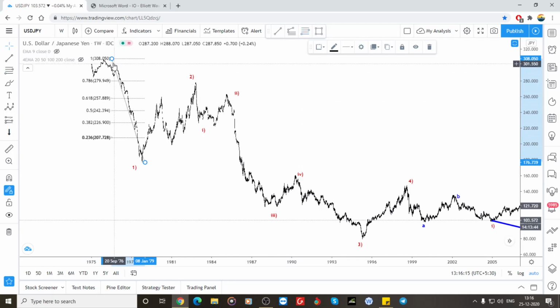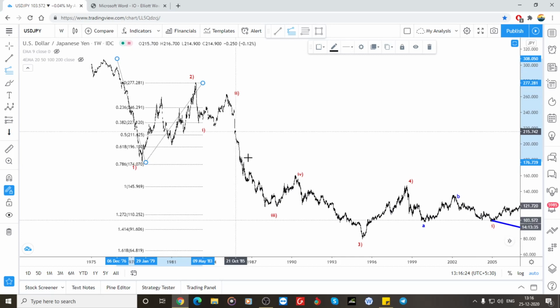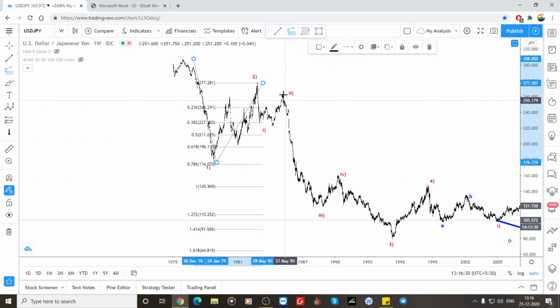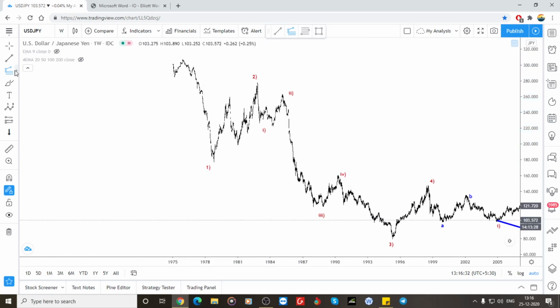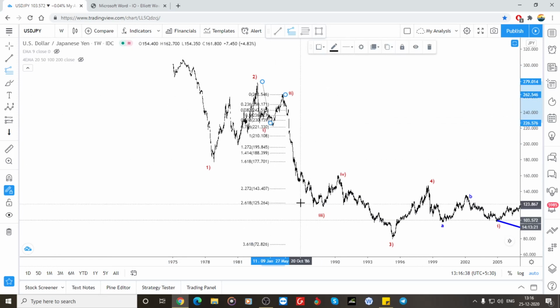And if you apply the extension wave, it is nearing that 1618, right? And here also wave 1 and wave 2, it's a 2618.